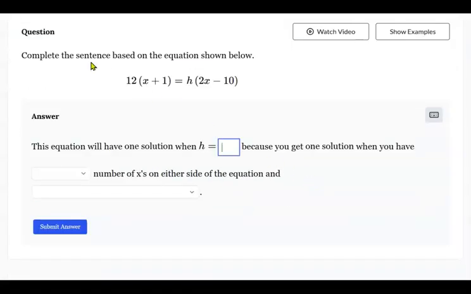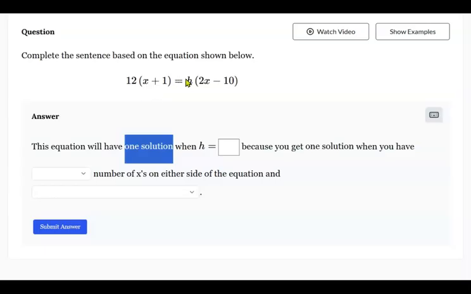The last topic is similar, but you have to do a little more thinking. We want this equation to have one solution, so I know that my x's have to be different. So if I were to distribute 12 on the left, I would get 12x.